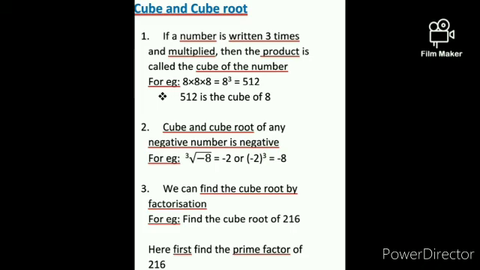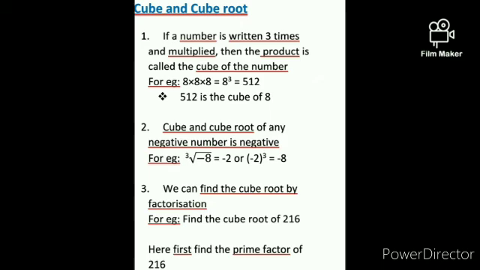Cube and cube root. If a number is written 3 times and multiplied, then the product is called the cube of the number. For example, 8 into 8 into 8 is equal to 8 cube, which is equal to 512. Therefore, 512 is the cube of 8. Now, the cube and cube root of any negative number is negative.